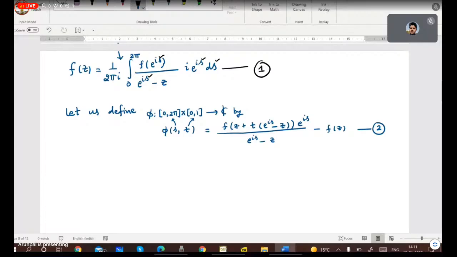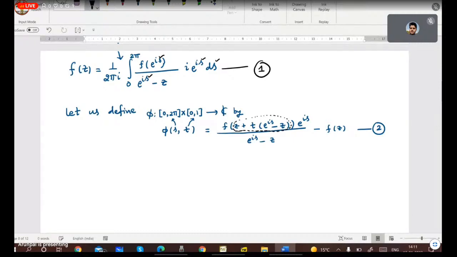Now class, here it is important that this function which we are talking about, this point must be inside the unit ball, because then and then it will make sense.